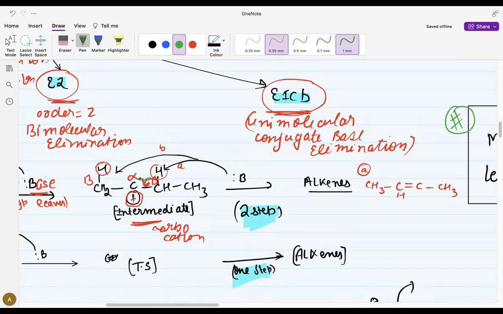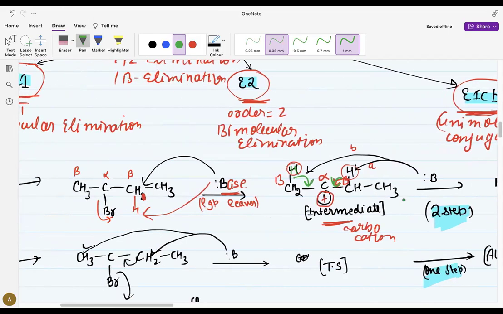And second possibility also, if base goes and takes hydrogen from this side, so this double bond will shift this side, CH2. So these two double bonds can be made from it.